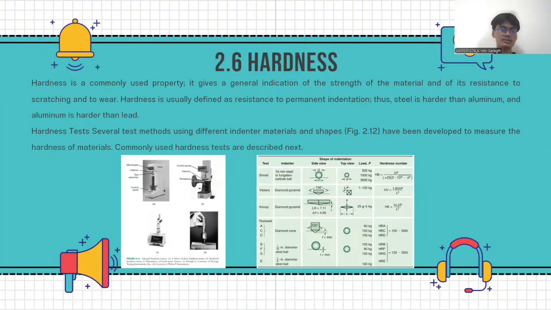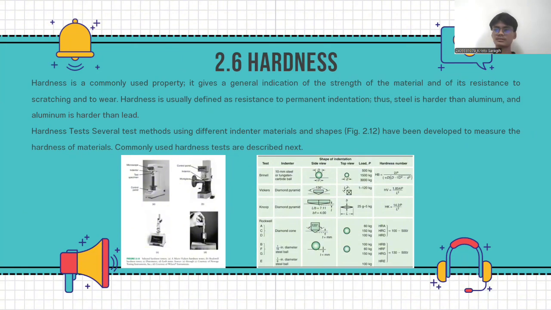Hardness. Hardness is a commonly used property. It gives a general indication of the strength of the material and of its resistance to scratching and to wear. Hardness is usually defined as resistance to permanent indentation.